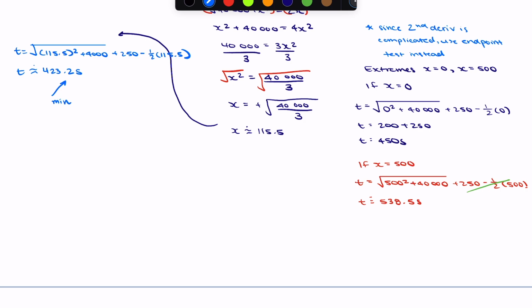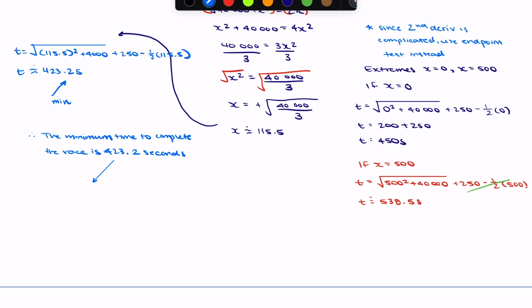And so therefore, the minimum time to complete the race is 423.2 seconds. Then we can convert that to minutes and seconds.